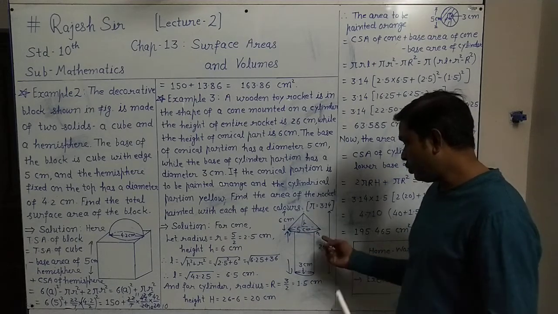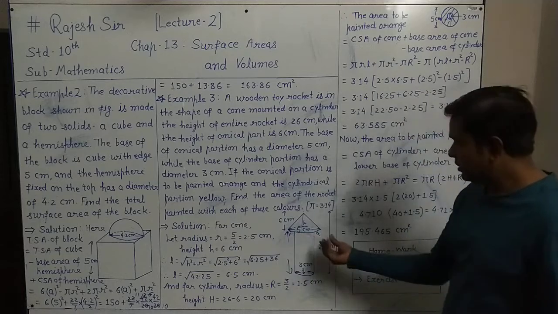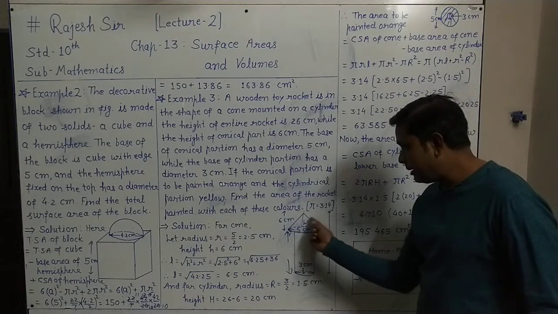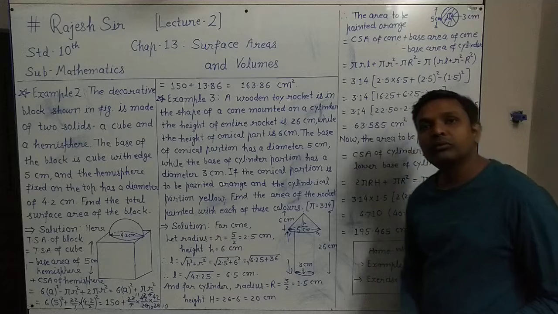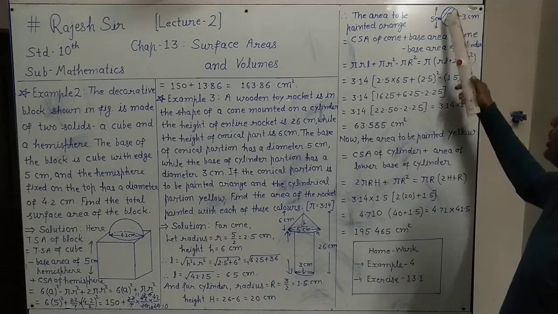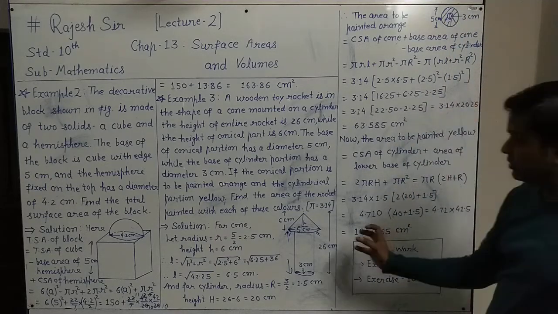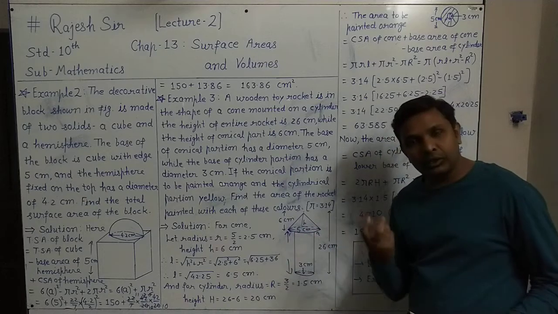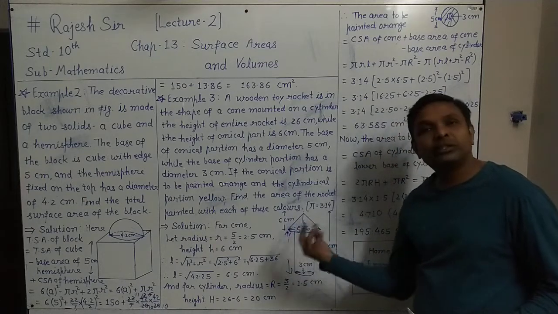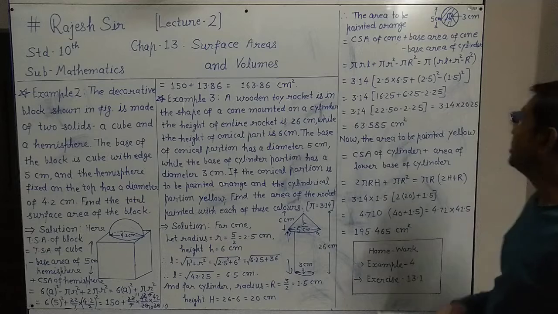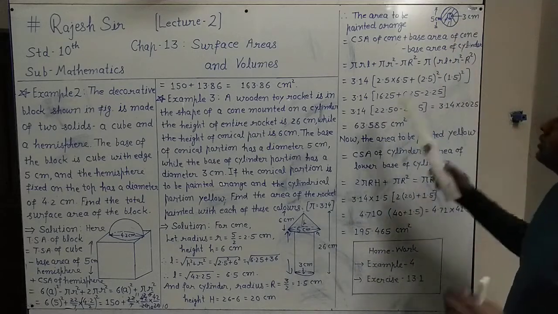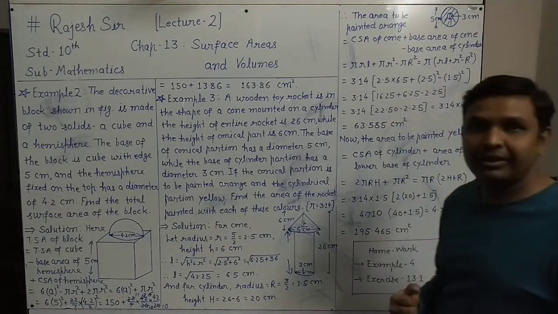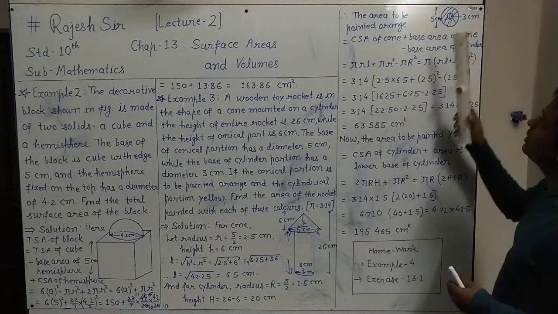And this portion, how to get it: the diameter 5 minus the diameter of the cylinder, that we have to understand. The base of the cone is circular and the top of the cylinder is also circular, but their radii are different. So that thing we have to understand here by this figure.